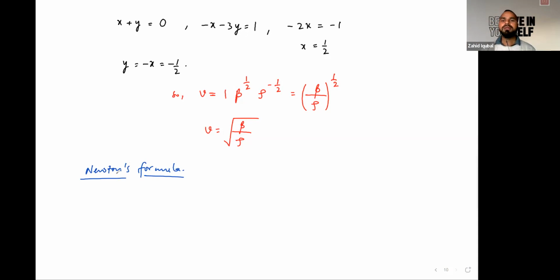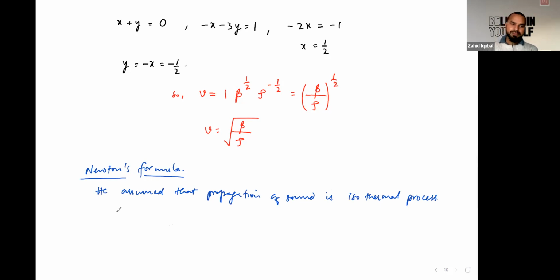So according to Newton, propagation of sound in air or in any medium will be isothermal process. So according to Newton, he assumed that propagation of sound is isothermal process.